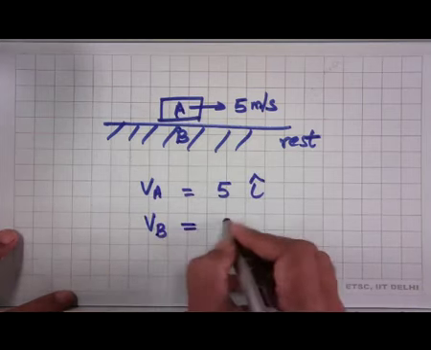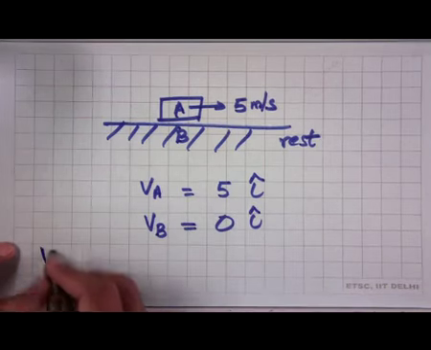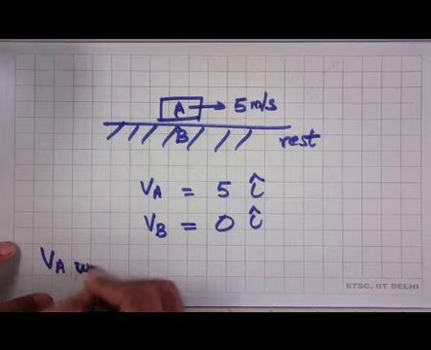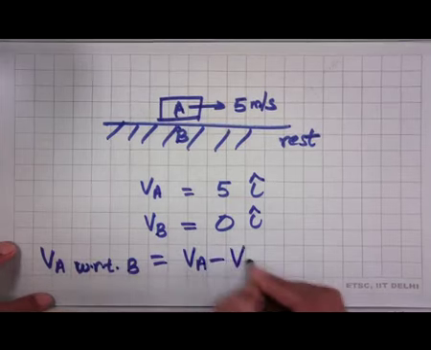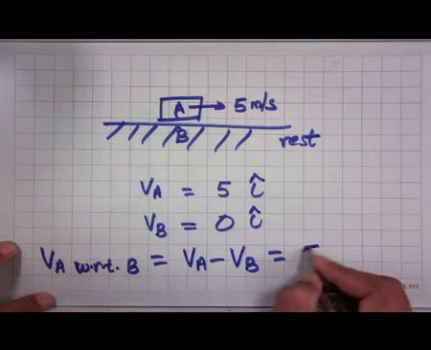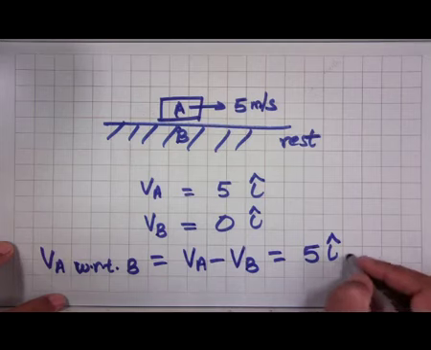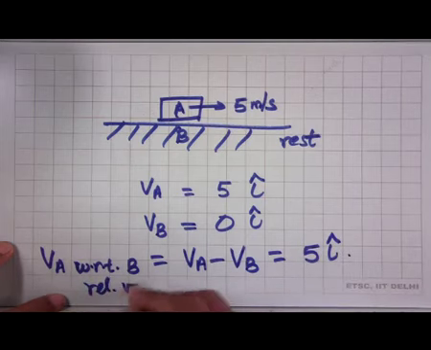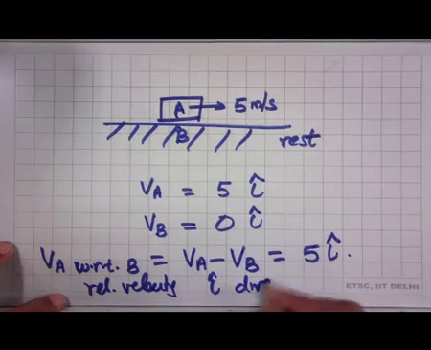Velocity of B is equal to 0 i. So, velocity of A with respect to B is equal to VA minus VB, which is equal to 5 times i. So, the relative velocity is in the i direction.